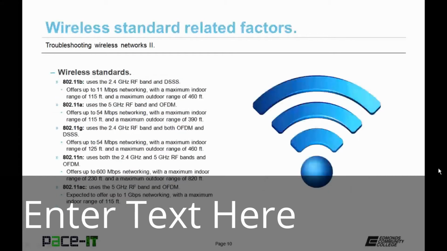So let's talk about the wireless standards. 802.11b uses the 2.4 GHz RF band and DSSS as its form of modulation.